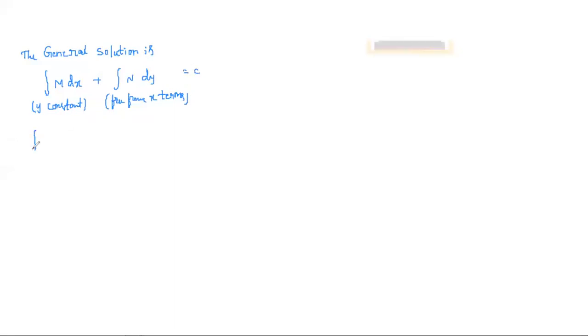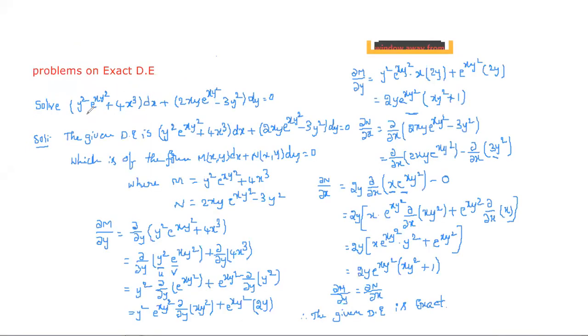So now integral, what about m here? Here m is y square e power xy square plus 4x cube. So we have to write it as this.